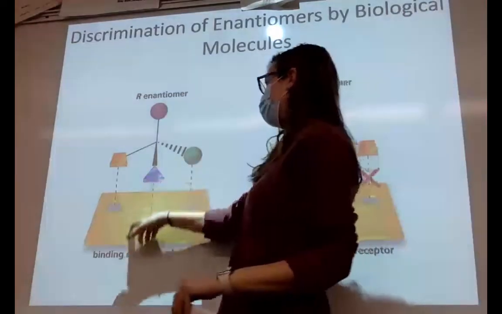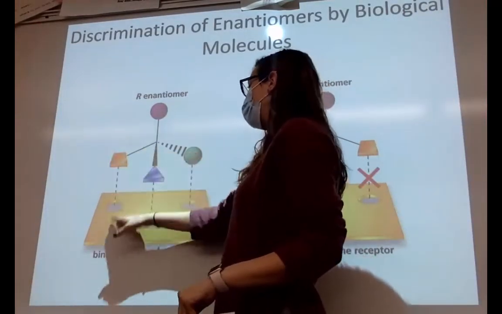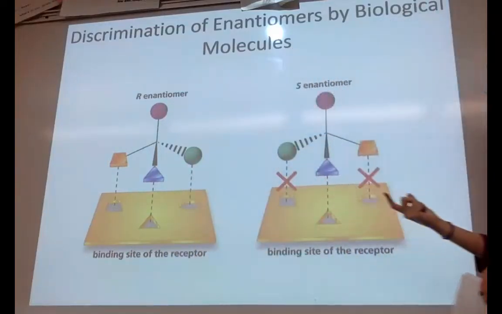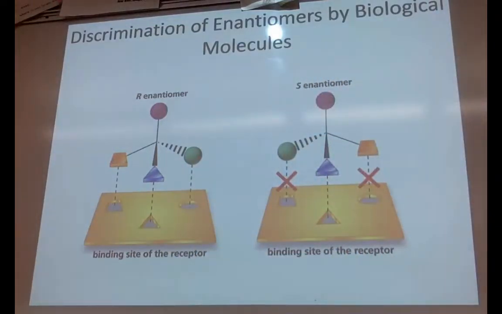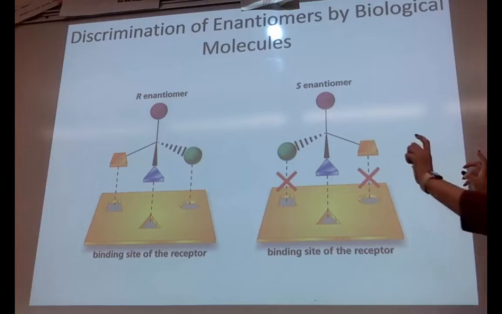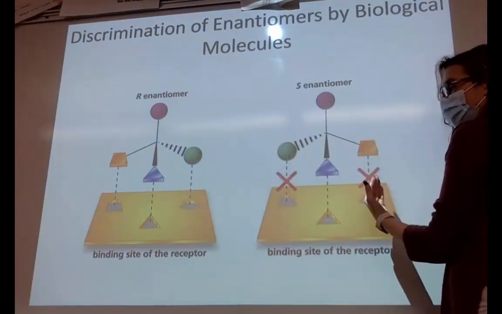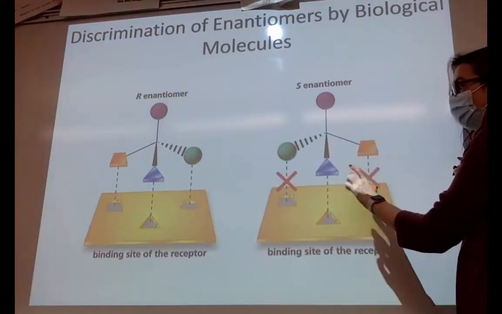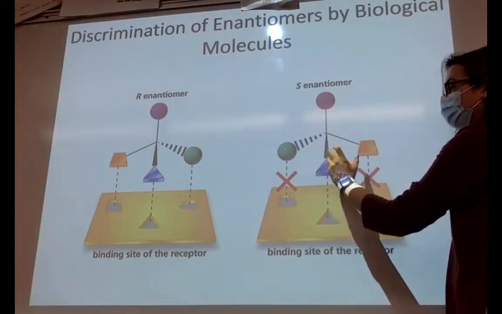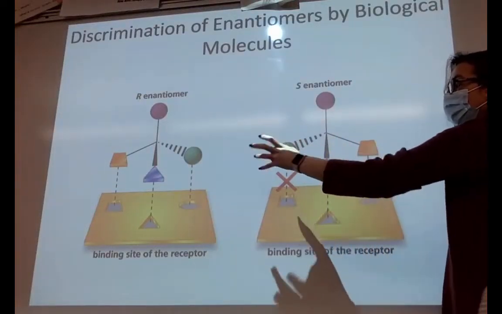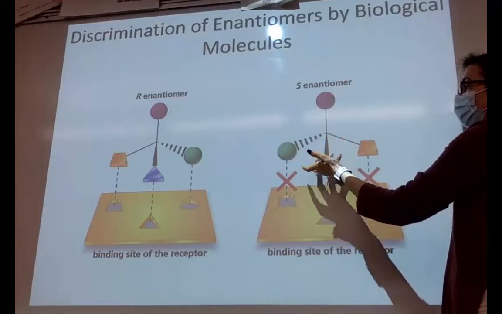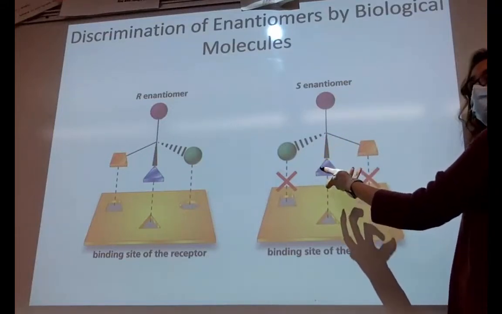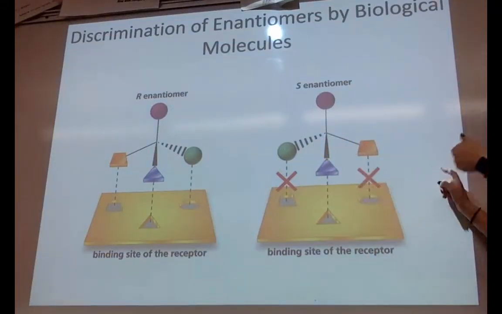This shows the example where the R will fit into the receptor just like it's supposed to, but the S enantiomer, when it's rotated, is the mirror image now. No matter how I rotate this, because they're arranged in space differently, there's no way I can make all three of those substituents fit into the receptor like they need to.